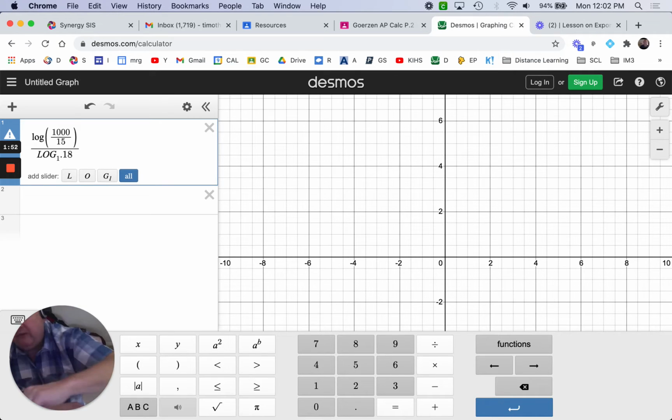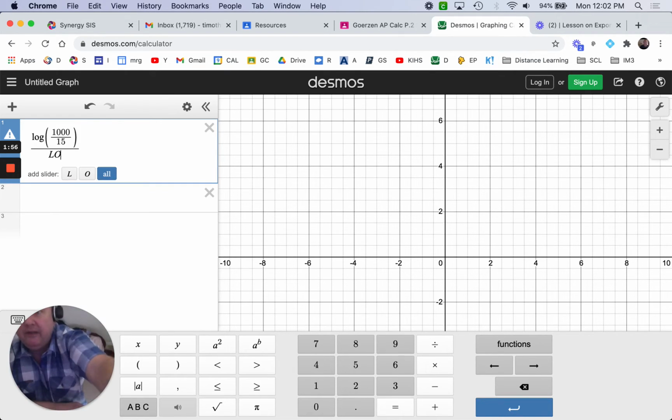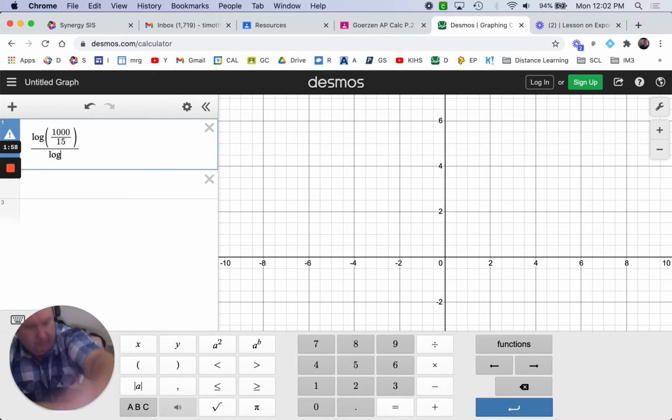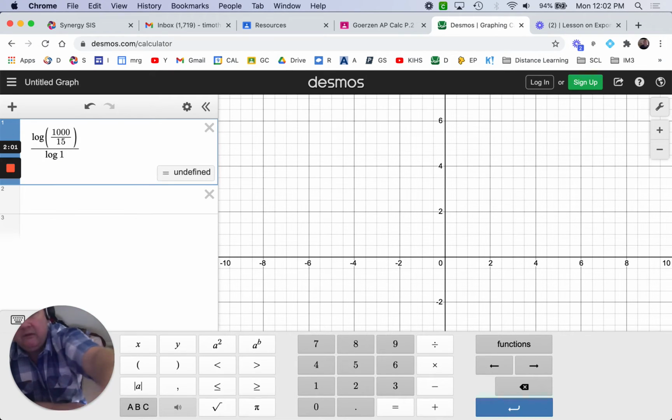There it is. That's how you type in a logarithm. Oh, how did I get capitals in there? Oops. Let's try it again. So log 1.18. Beautiful. So that's 25.374.